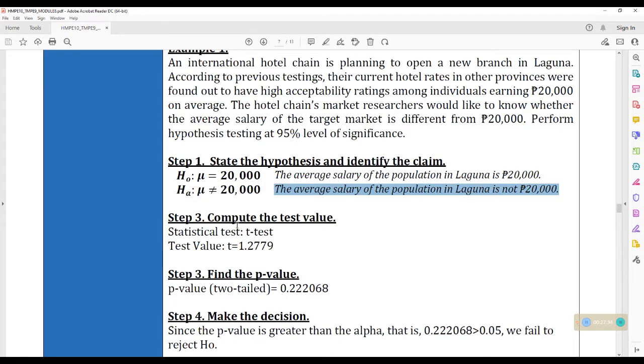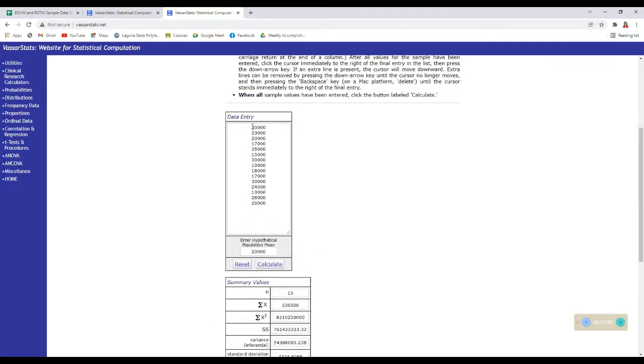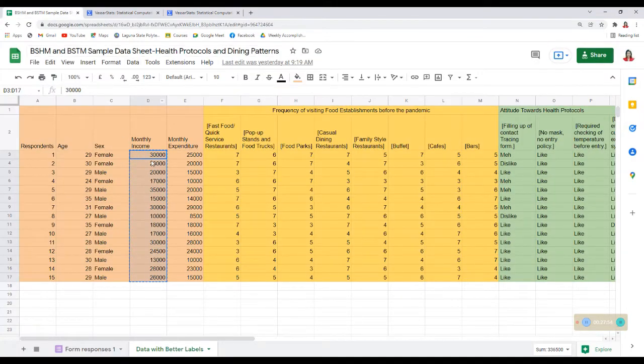Next, for step 3, compute the test value. The statistical test is t-test. The test value is 1.2779. Ma'am, saan po ito nanggaling? Natatandaan niyo, nag-compute tayo kanina sa Visor Stats. Ayan. So, dito, yung data entry, ayan, may 15 tayo na data galing dito. 30,000, 23,000, 20,000.